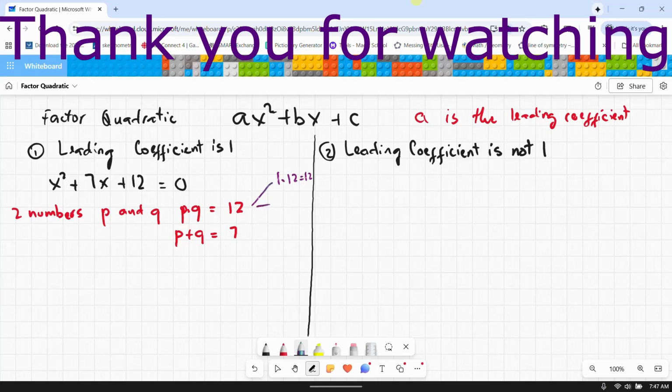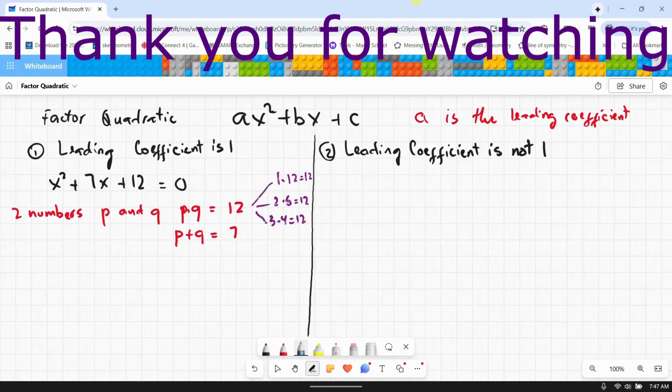What about 2 times 6? Equal to 12. The next is 3 times 4 equal to 12. That's all we have, because if you keep going to 4, then 4 times 3 is the same thing as 3 times 4. So we stop here. We have three pairs that factor out from 12.